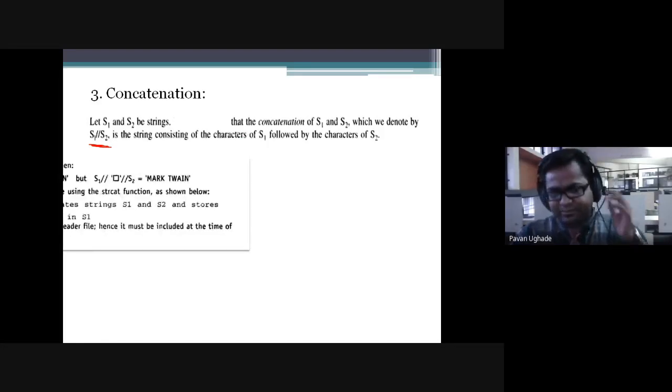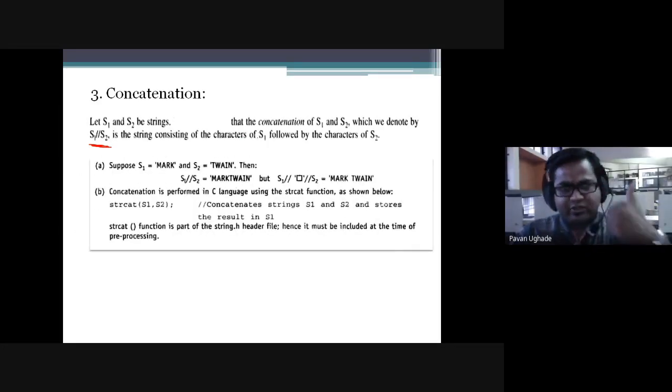I'll take one example so that you can understand, you just recall all the things. Suppose S1 is Mark and S2 is Twain. Then S1 concatenated to S2 is Mark Twain. Is that clear, guys? I think this is much easier. Or I can take another example where I'll be concatenating three things.